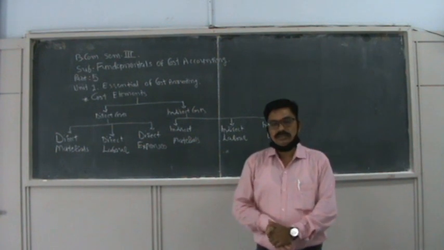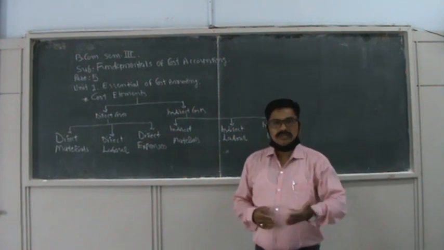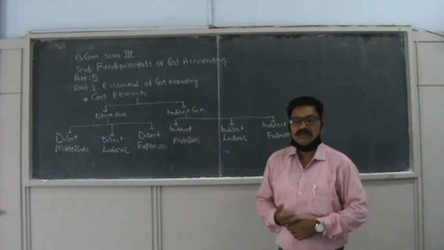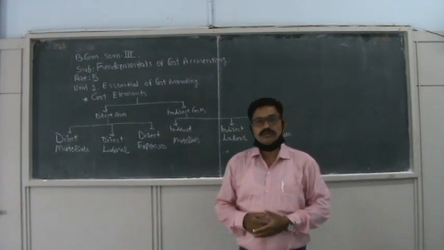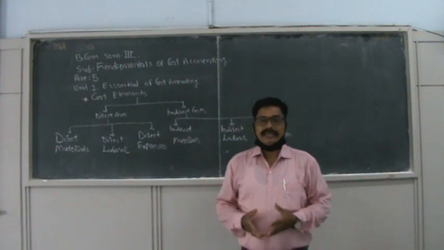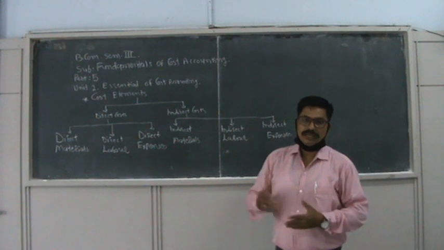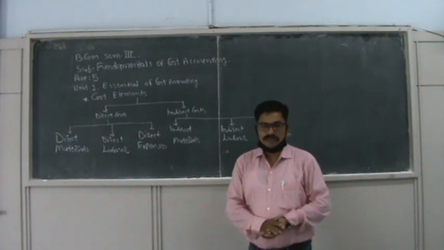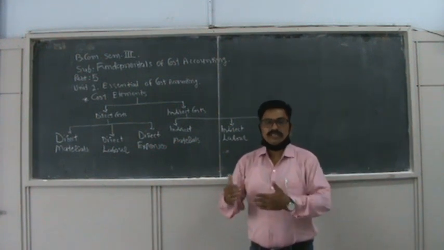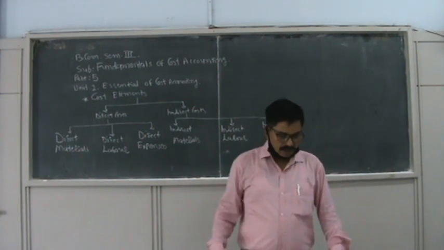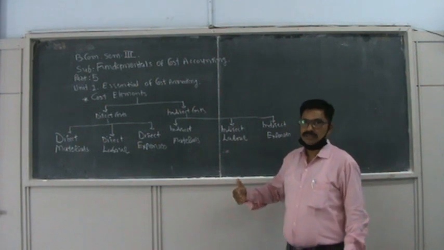Office cost plus opening stock of finished goods minus closing stock of finished goods gives the cost of production. Plus selling and distribution overhead, we can find the total cost or cost of sales, plus or minus profit or loss, so we can find the sales value. This way we can find out the cost, right?